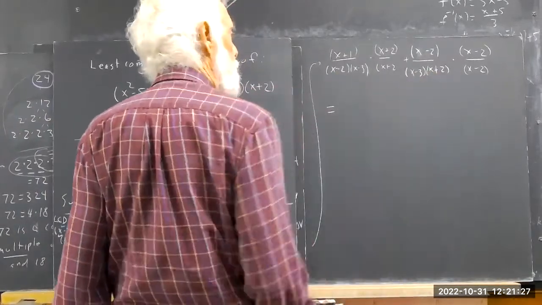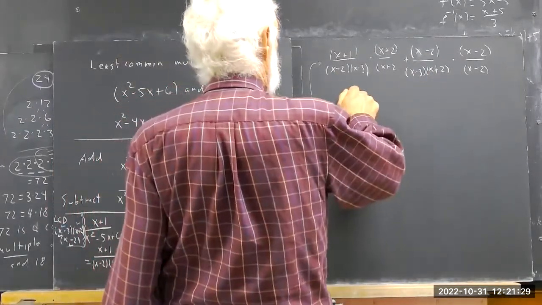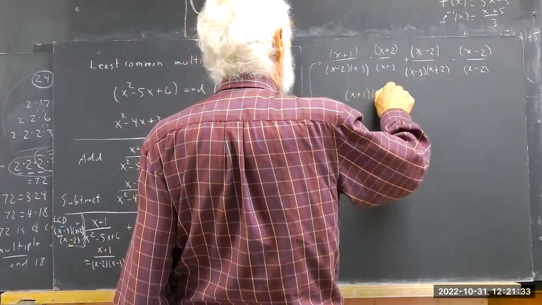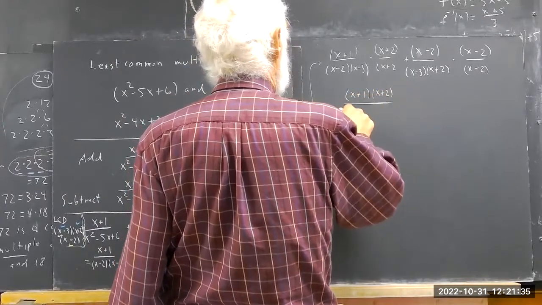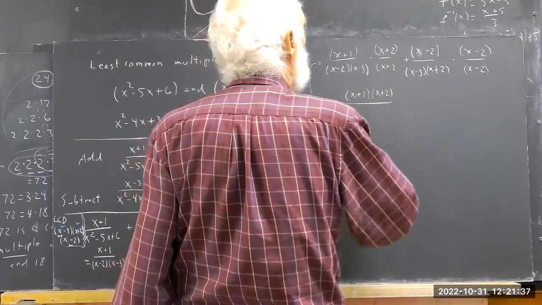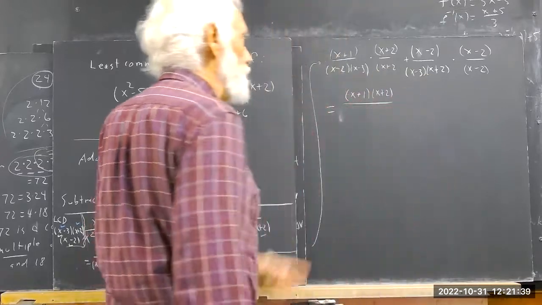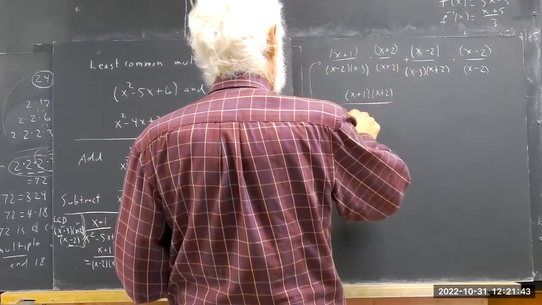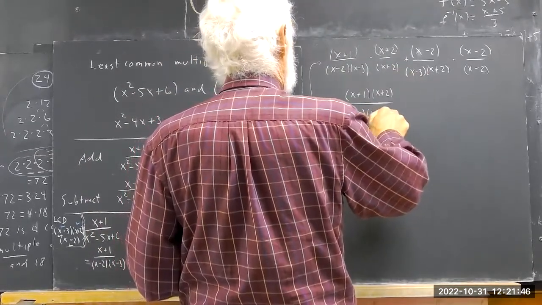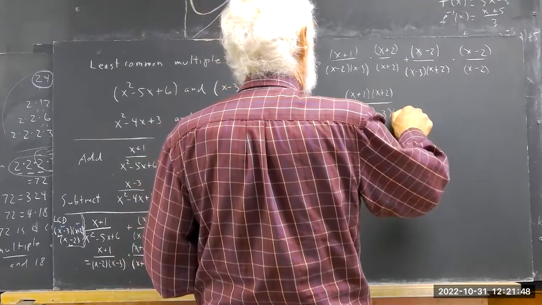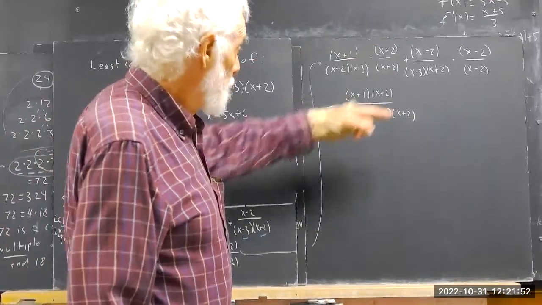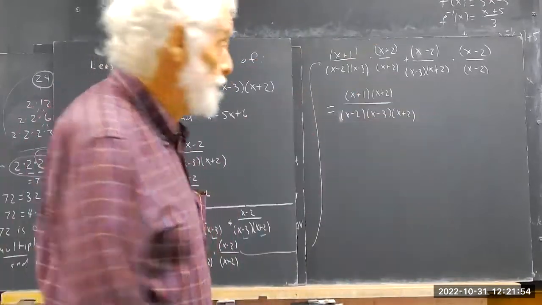Then we multiply our numerators. Well, we multiply out x plus 1 times x plus 2 over. Well, actually, now we've got the same denominator. If we multiply, well, I better do it. Okay, we got (x minus 2)(x minus 3)(x plus 2). And we just multiply the numerators and we multiply the denominators.